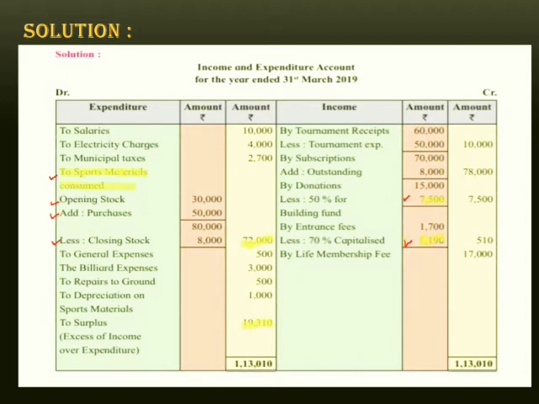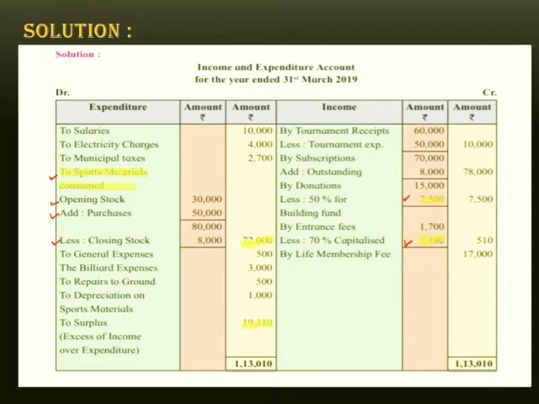Under receipt side, see, opening balance of cash is given, rupees 5,000. Actually that you need not write in income and expenditure account as well as under the balance sheet. Second is a subscription received. Now under subscriptions received, 3 years' amount is given, 16-17, 17-18 and 18-19.